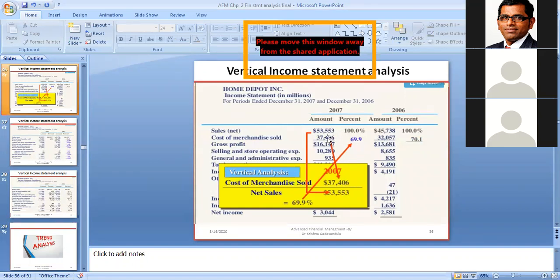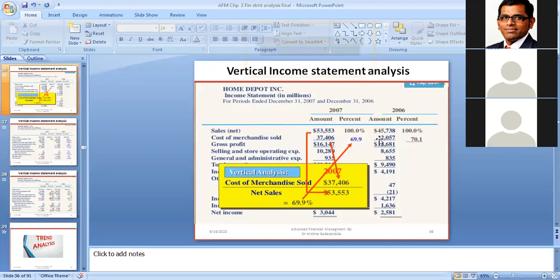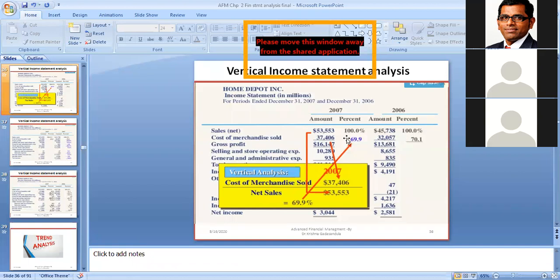Means cost of merchandise sold in 2006 was 70%, and in 2007 it is 69.9%. It means the cost of merchandise sold has decreased compared to the previous year. Is it a good sign or bad sign? The cost has decreased from 70 by a very minor amount, but it's okay.